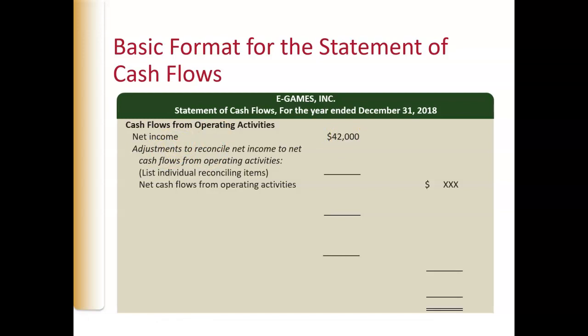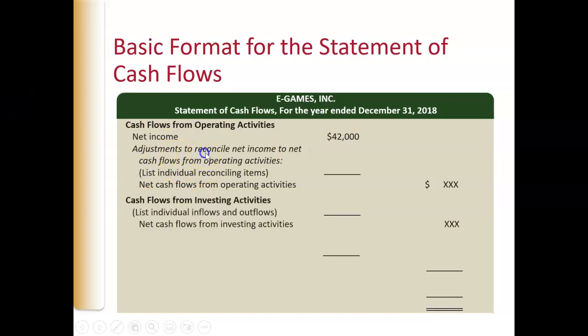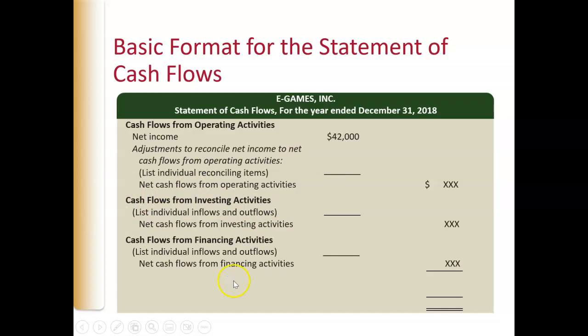Then what we're going to do is we are going to make adjustments to net income from changes in current assets and current liabilities, right? Then we'll do our investing, and then we'll do our financing.